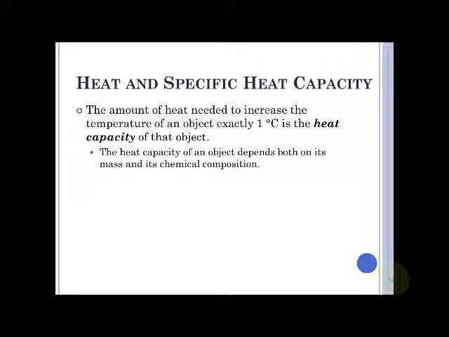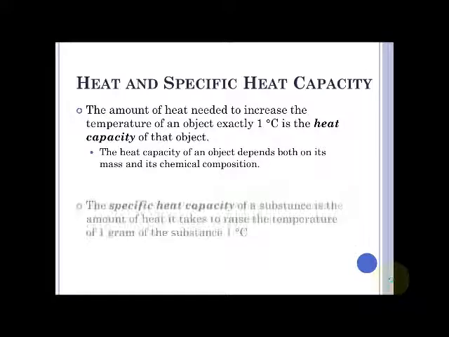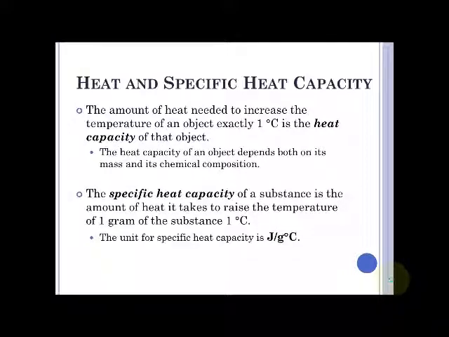It's dependent upon the mass of the object, and it's dependent on the chemical composition of that. So when we're talking about the mass side of things, we use specific heat capacity, and we're going to do all of our calculations with the specific heat capacity, okay?